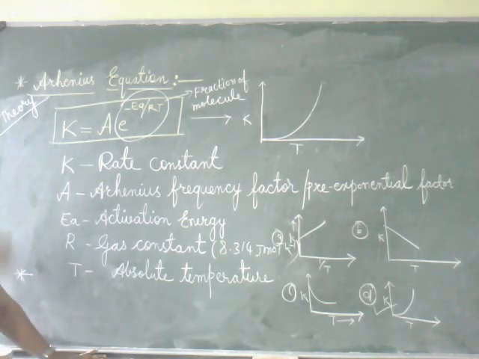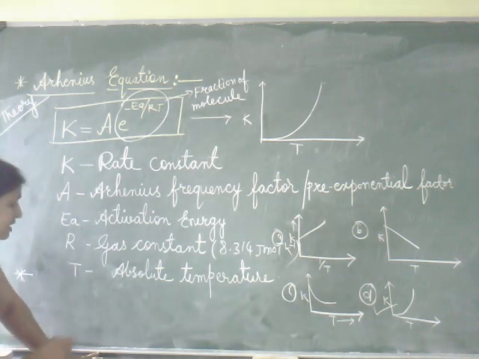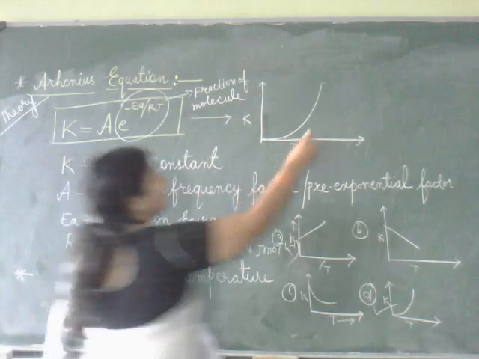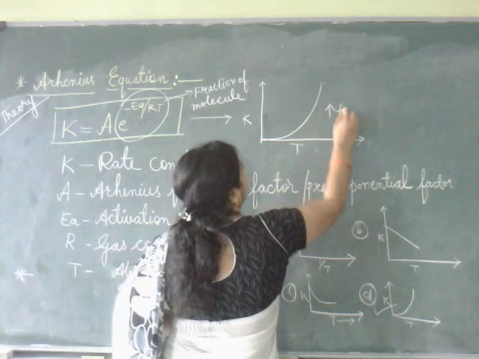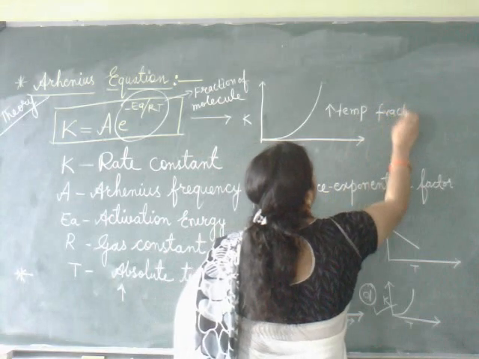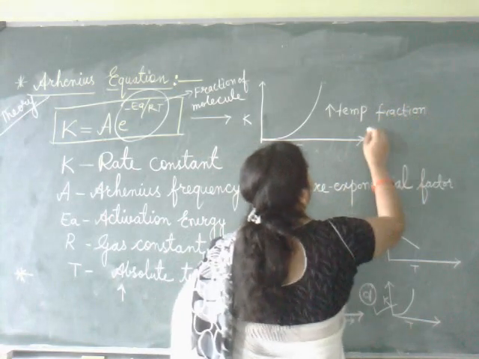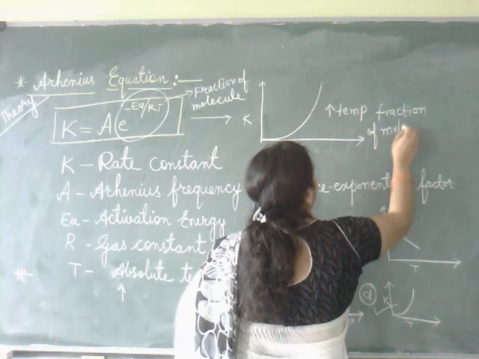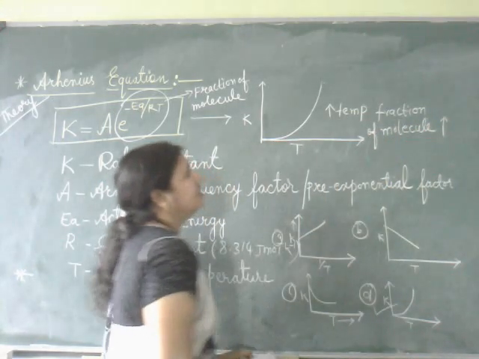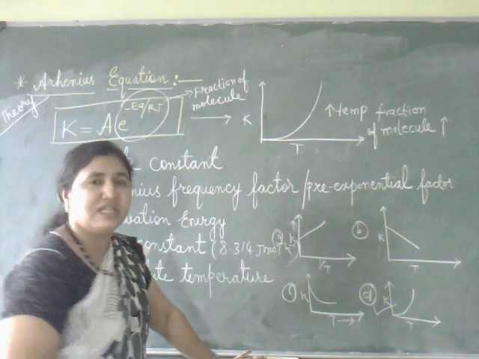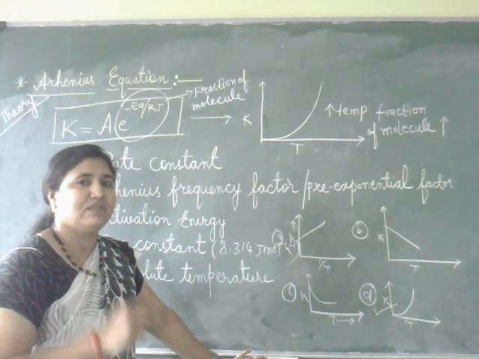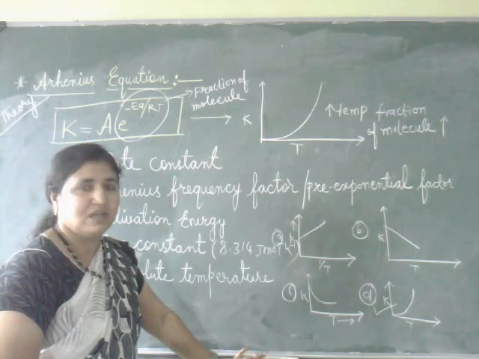And now, according to the Arrhenius equation, if we increase the temperature, the fraction of molecules increases. This is the fraction of molecules having energy more than the activation energy, and they collide, and that's why the rate increases.